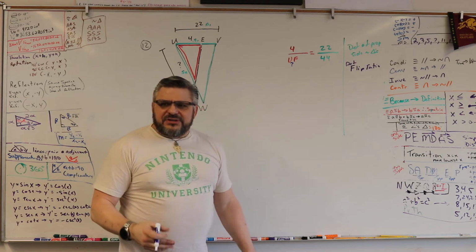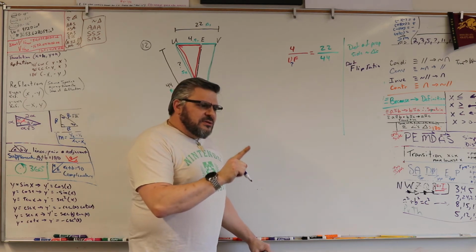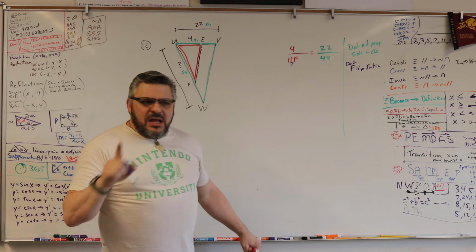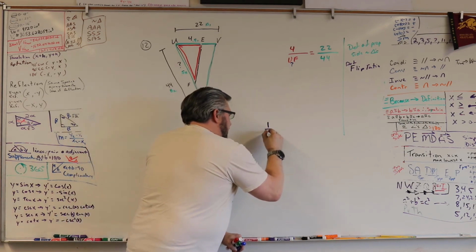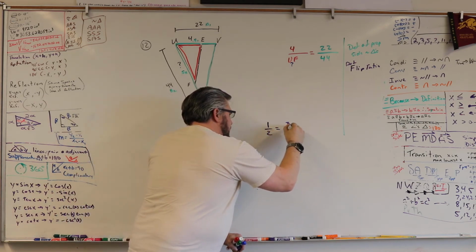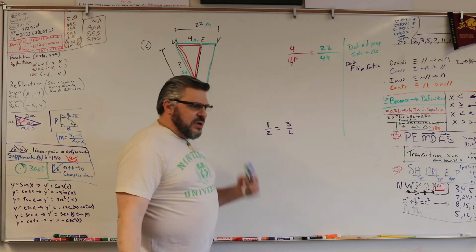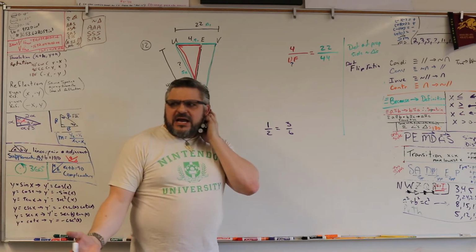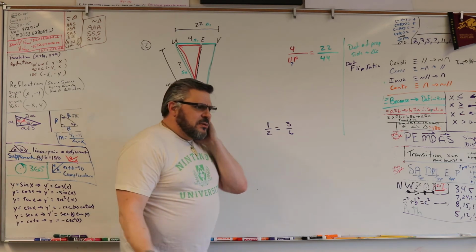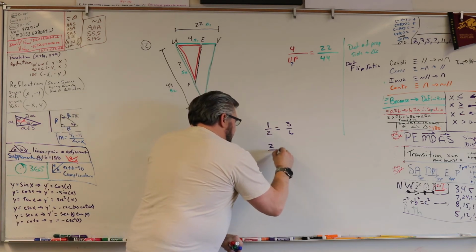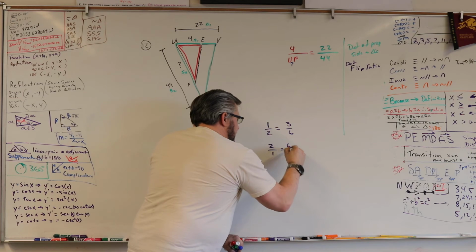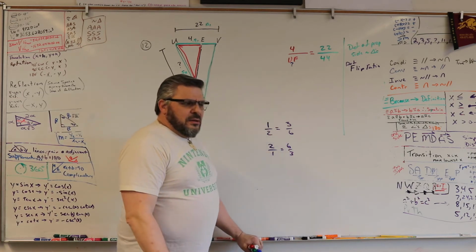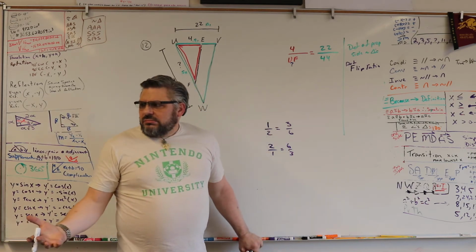All I could think of is use what I know to figure out what I don't know. And what I know is 1/2 is equal to 3/6, right? Is that true? Yes. Okay, so does 2/1 equal 6/3? I suppose, yeah.